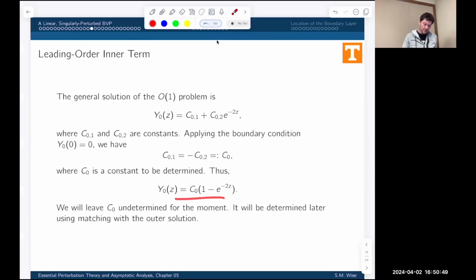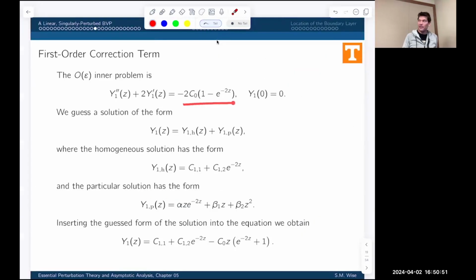There's my y naught, so there's my right-hand side. Again, I'm going to guess a homogeneous solution and a particular solution. I know the form of the homogeneous solution. That's just what it was for the last equation: some constant with no exponential term plus another constant times e to the minus 2z. That's the homogeneous solution.